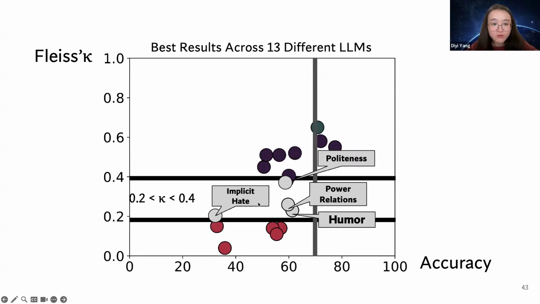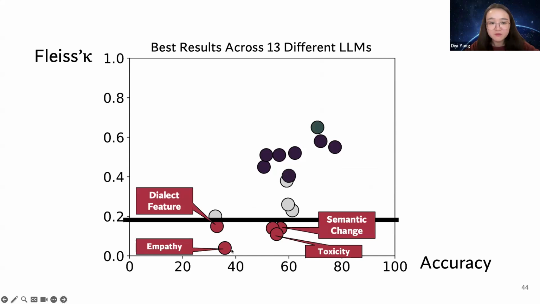But if you move to the lower regime here, we still need a human in the loop for most tasks. We only see fair agreement among humor detection, power relations, politeness, and also implicit hate here. For these very nuanced tasks, we saw that the agreement between large language models and humans tends to drop, and their accuracy is also not very high.